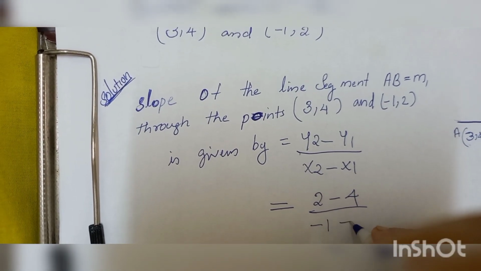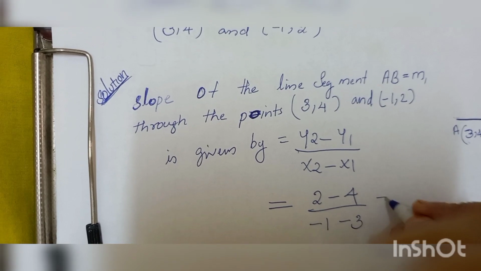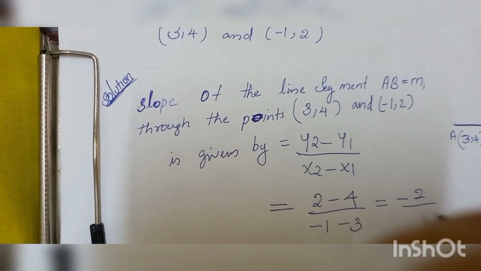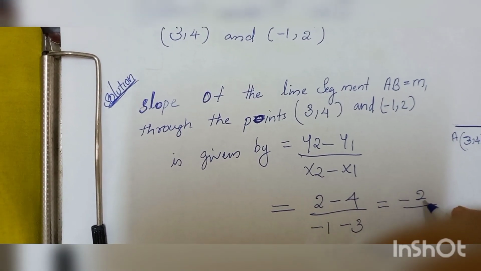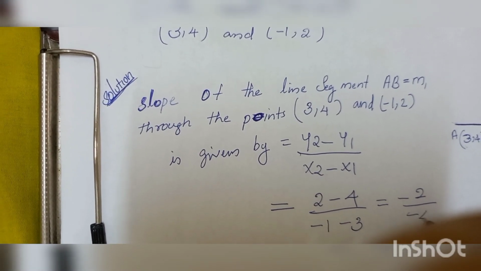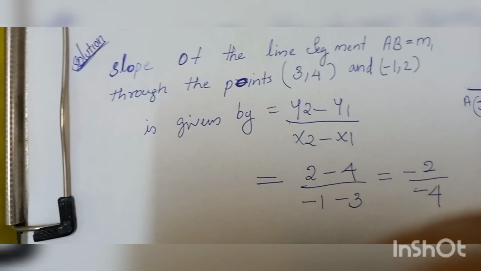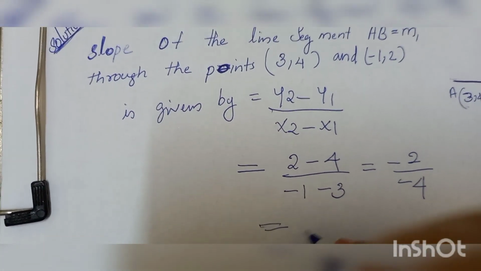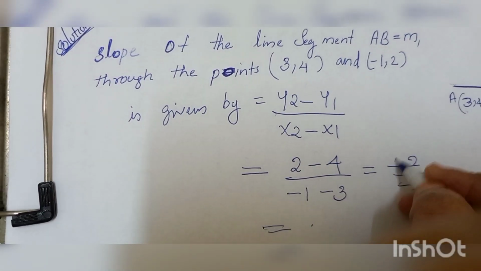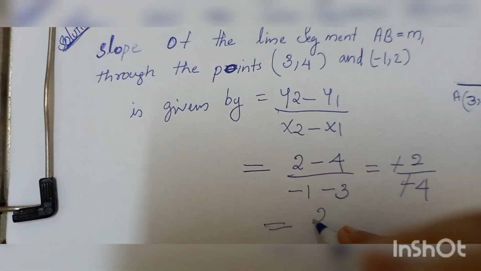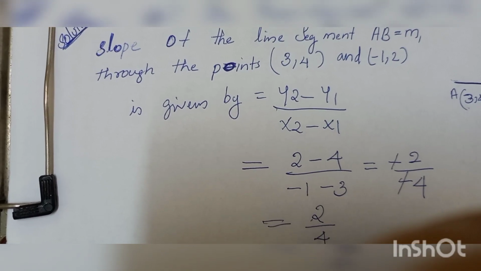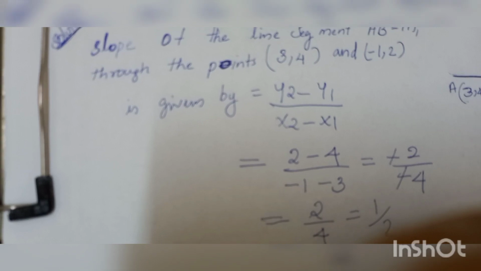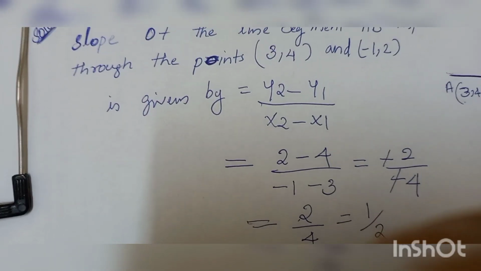So we get -2 divided by -4, which is equal to, the minus will cut off, 2 by 4. 2 by 4 is equal to 1 by 2. Okay. Is it clear for you?